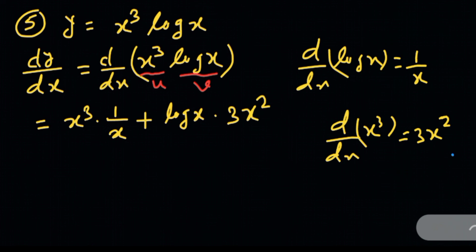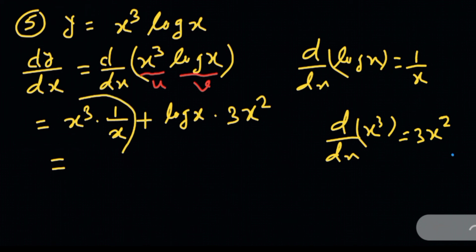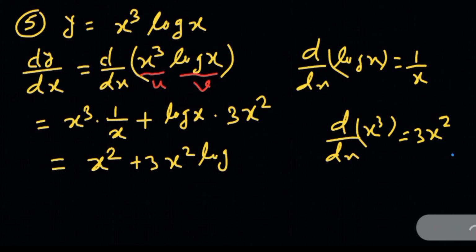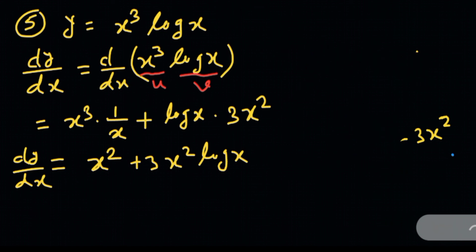And x cube upon x is nothing but x square, correct, plus 3x square log x.